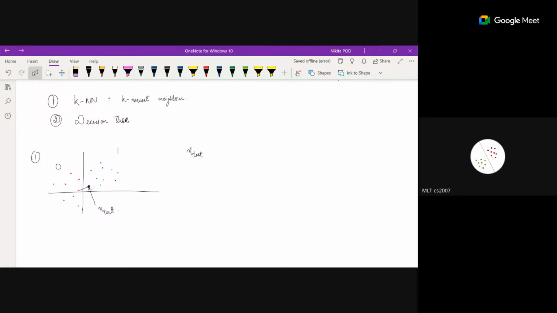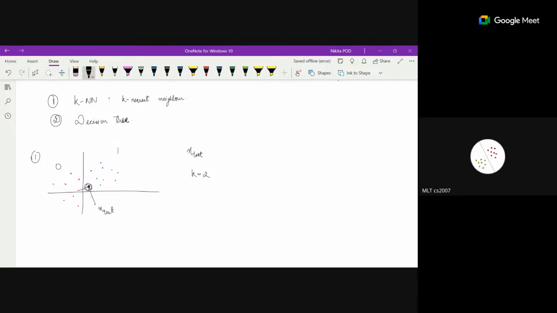So what we can do is look at the k closest neighbors, the k nearest neighbors. We do the same thing, depending on what k you take. If I take k to be 2, it means I am going to look at the two closest neighbors to this data point, and whatever is the majority, I am going to assign that label to my data point.